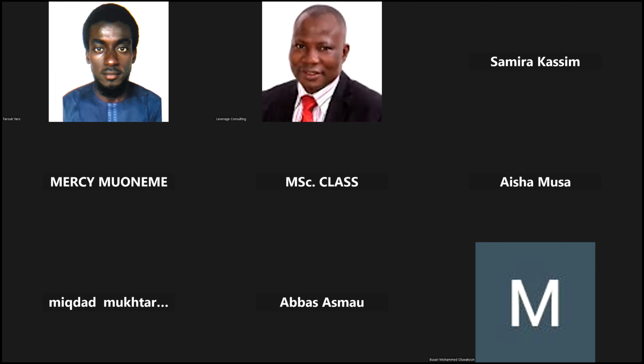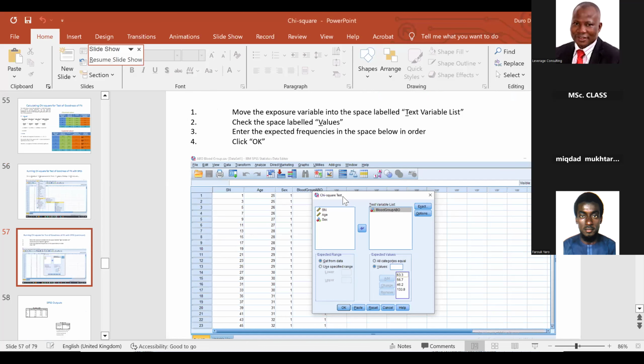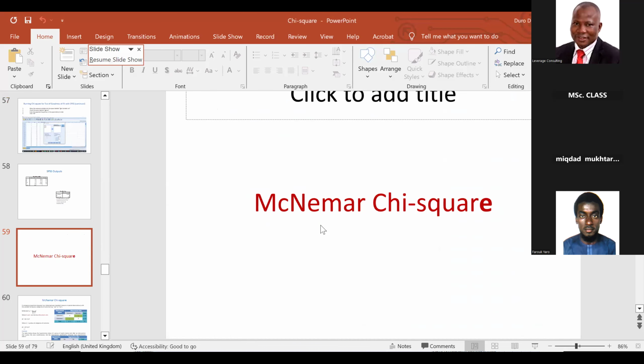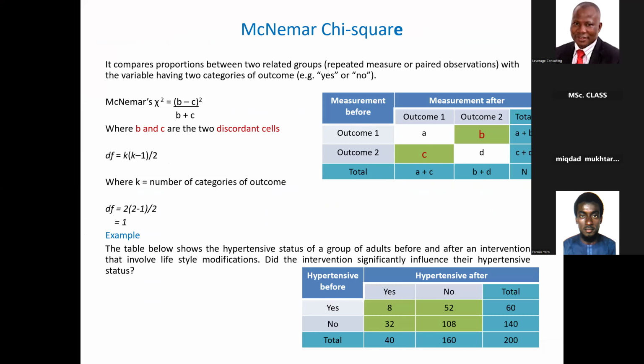So let me share my own slide. We are through with the goodness of fit. Then let's discuss this McNemar chi-square. McNemar chi-square compares proportions between two related groups.